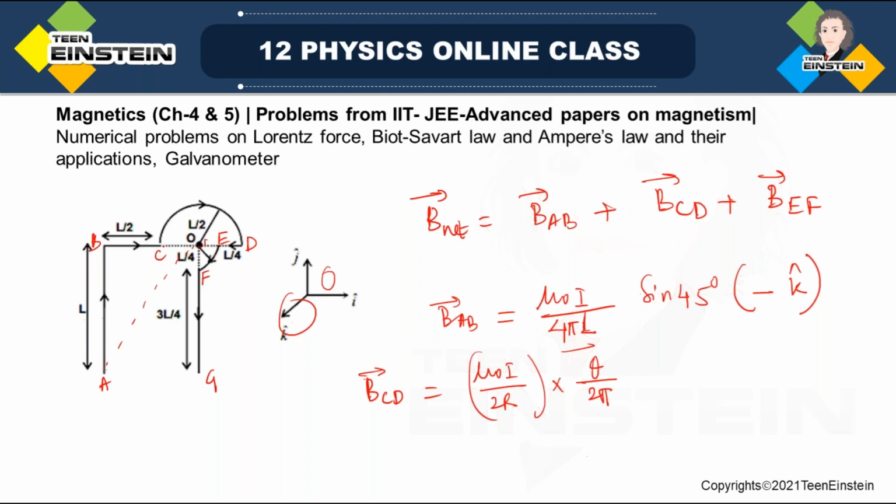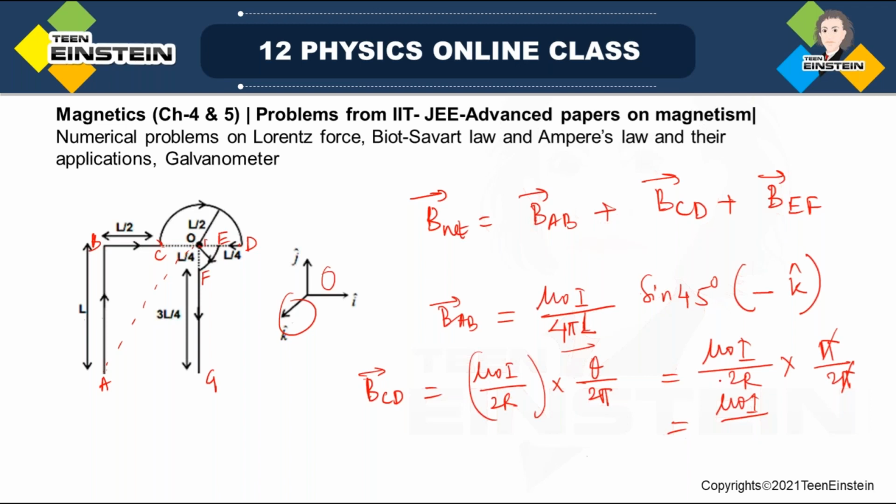In this case, the two ends are meeting here, so θ is π. So we get μ0 I by 2r into π by 2π, π cancels, and this is μ0 I by 2r, where r is the radius of the arc.